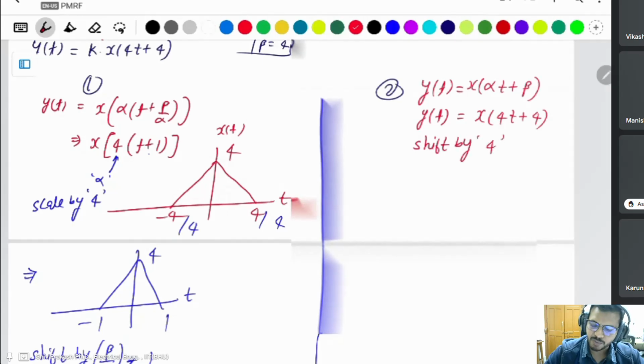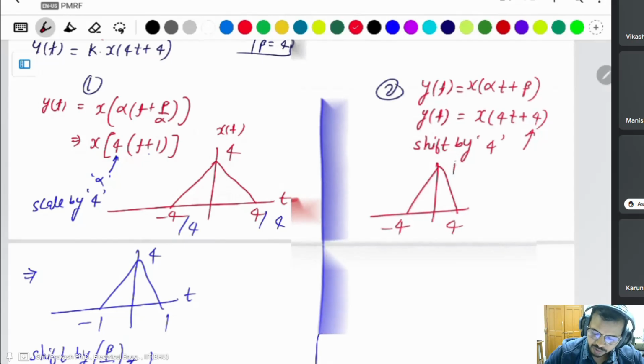First apply the shifting property and shift by 4. Then for this signal, I will take this one. We have minus 4 and 4. This is the original signal. Shift by plus 4, this is the positive.